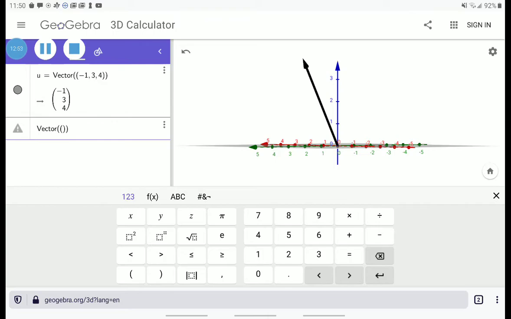And our unit vector was negative 1 divided by the square root of 26, 3 divided by the square root of 26, and 4 divided by the square root of 26.